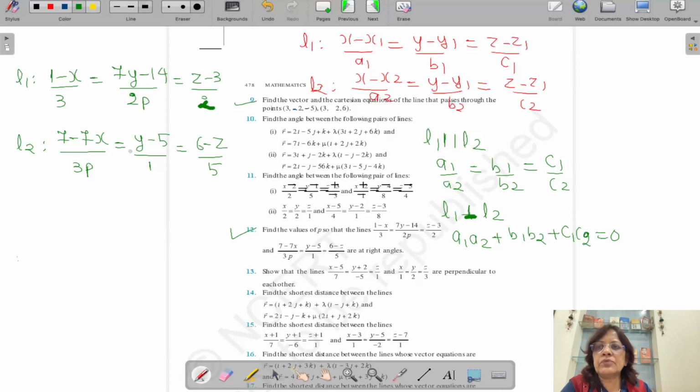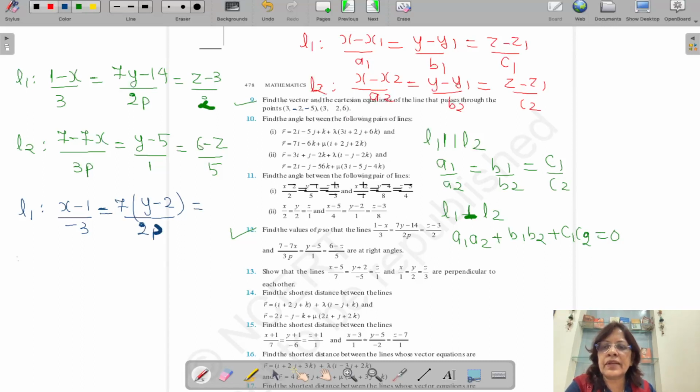The important thing is that the line should be brought in the standard form, if you remember that. The first line is not in standard form, so we bring it into standard form, with coefficients. So we write it as x minus 1 upon minus 3. From here, 7 has to be taken out, y minus 2 upon 2p by 7.